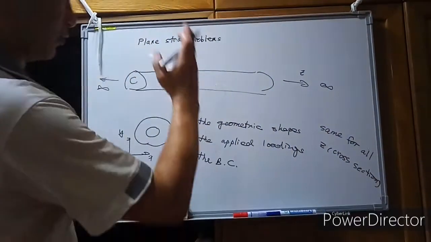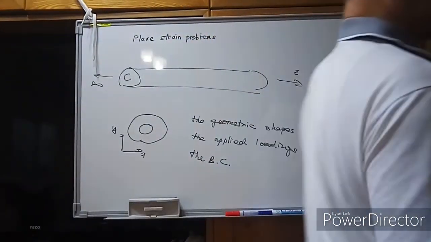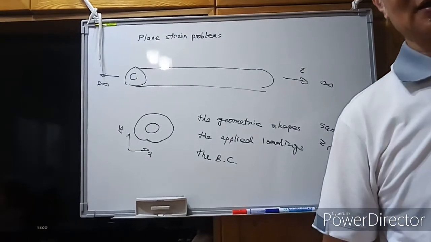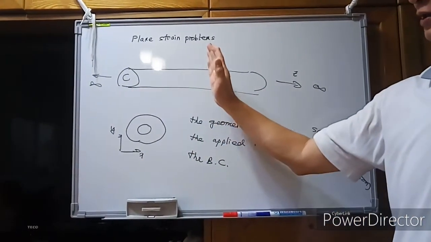So for different z, if we cut the cross section on the xy plane, you will find all these things are the same.